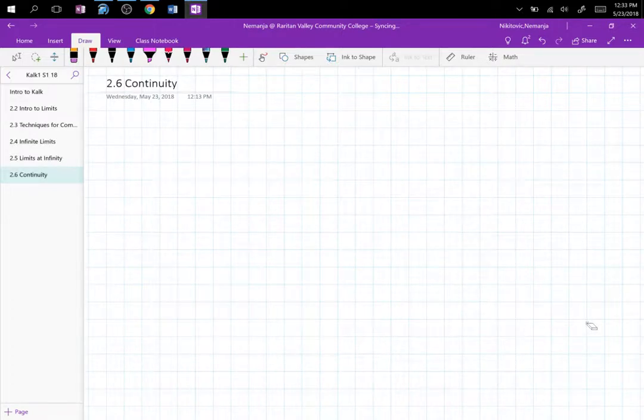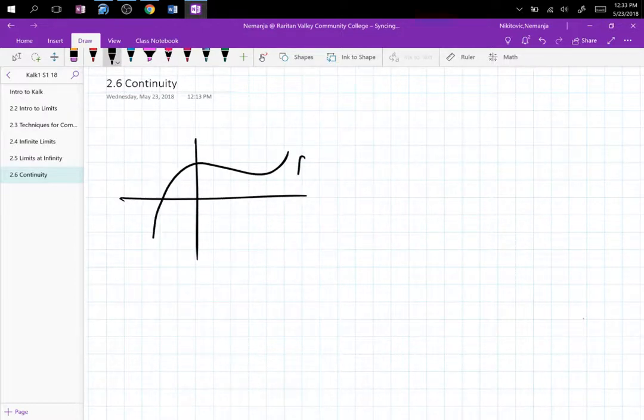So continuity for a function means that there are no interruptions, there are no breaks, there are no jumps. So something like this, if you look at it, you would say it's continuous.